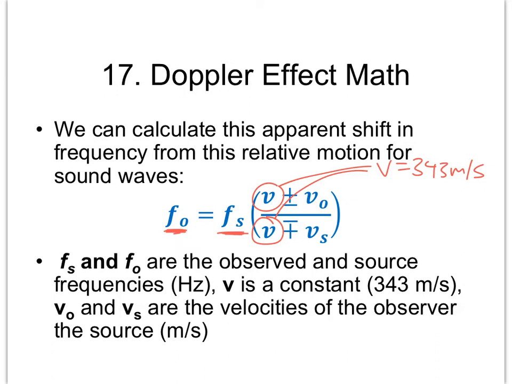And then these two v's, v sub o and v sub s, represent the velocity of the observer and the velocity of the source. Motion of either thing, either the source or the observer, will result in this shift. And those v's represent how quickly those things are moving. We'll talk about the plus minus bit in a second on the next slide.